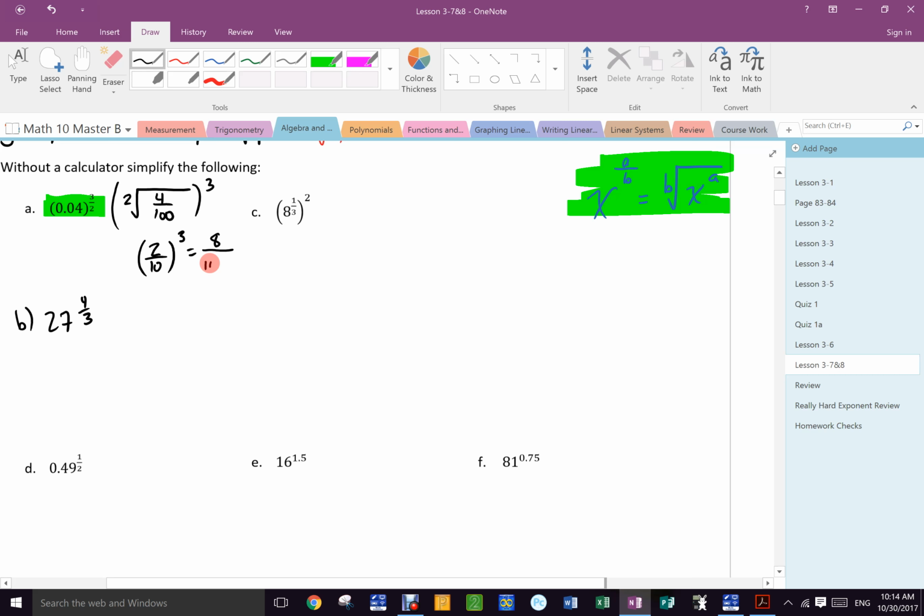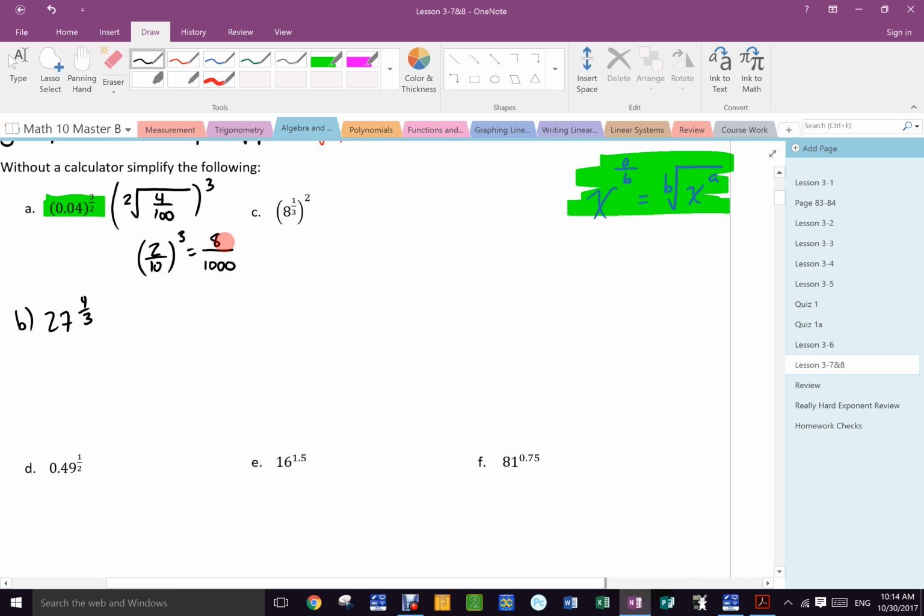Can I leave the answer that way? You could simplify it to what? Two 1/25ths, right? Or 0.008. Is everybody good?